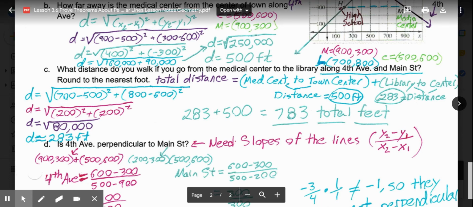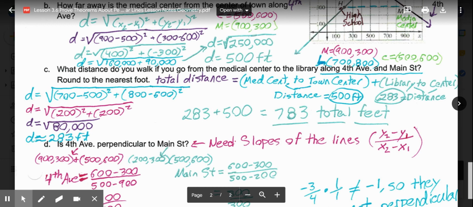And we're going to plug that into the distance formula. So change in x values, 700 minus 500 squared, plus change in y values, 800 minus 600 squared. Both are 200. 200 squared is 40,000. So 40,000 plus 40,000 means our distance is the square root of 80,000.